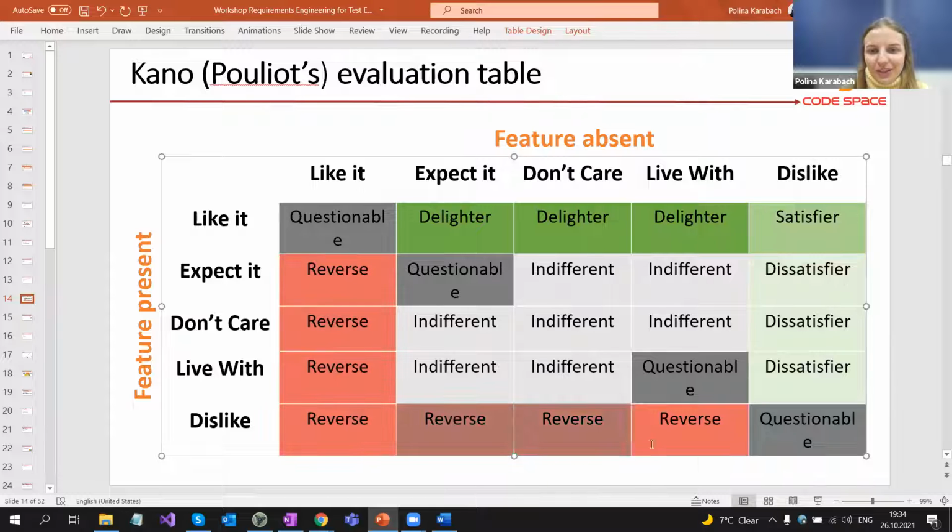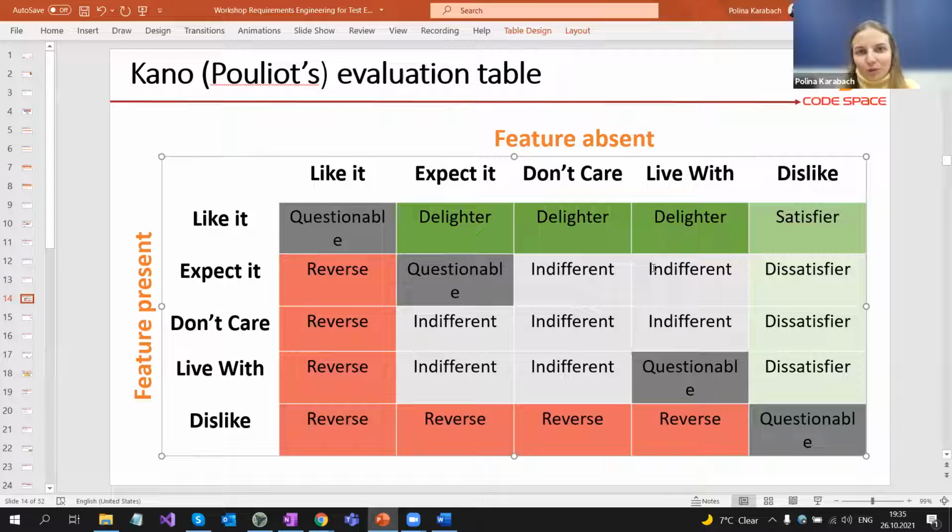Reverse would be right here, when a person likes it when it's absent or dislikes it when it's present. And then there are indifferent features in the middle: if it's don't care versus don't care, it's something we don't need to put our effort into because users won't use it.